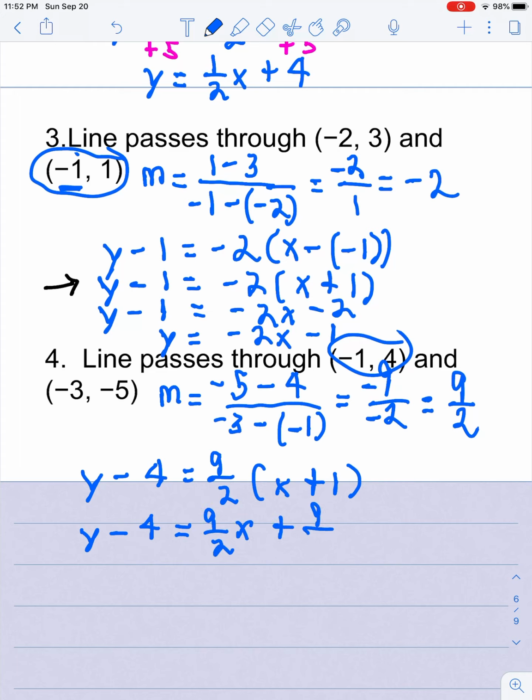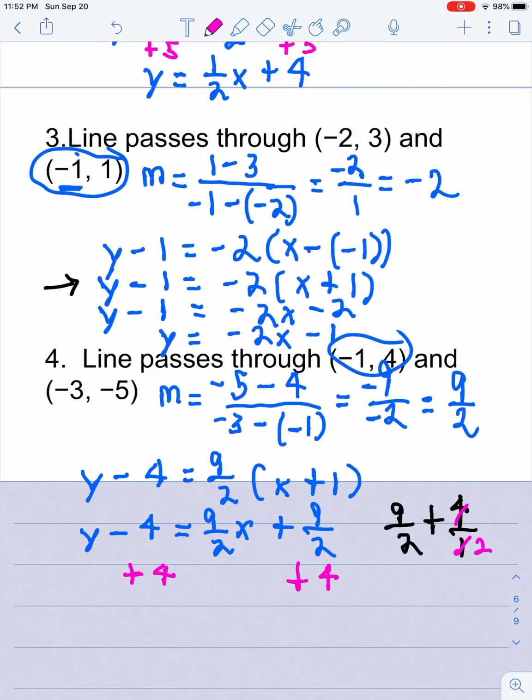Of course, I'm going to need to add 4 to both sides. And I'm showing this simply because we have a fraction. You might want to go out in the margin if you're not as comfortable with your fractions. You're adding 4 over 1. Remember, you have to get a common denominator. That would be 2.